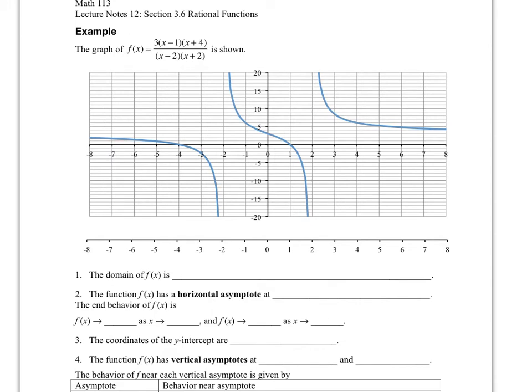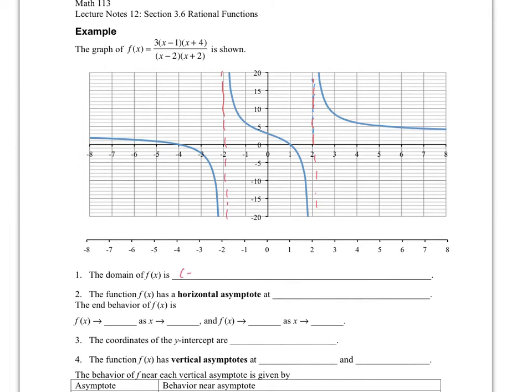The first question is asking you something that I asked you multiple times before, to find the domain. Remember, for the domain you cannot divide by 0. That means x cannot be 2, which is the case here, and x cannot be -2, and those will be the vertical asymptotes. So you have a graph, it's pretty easy to see which one it is.